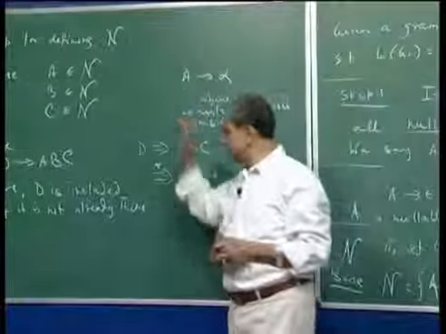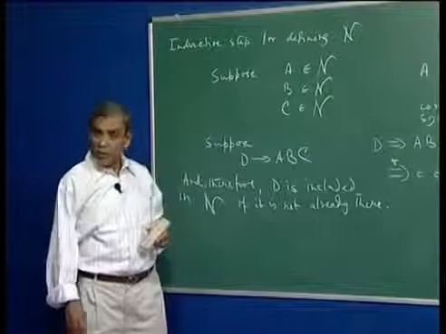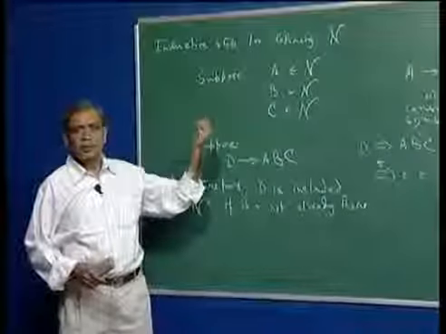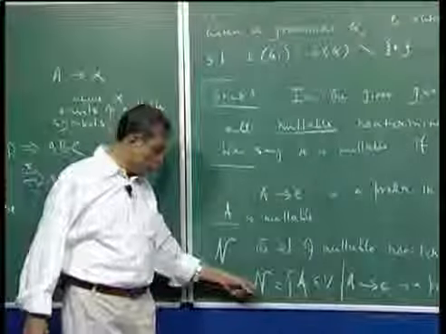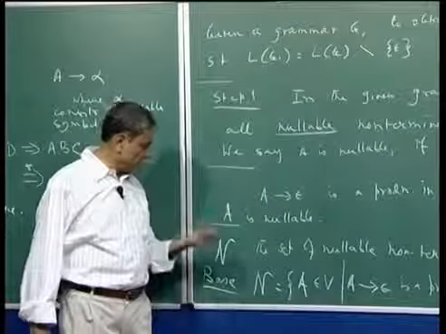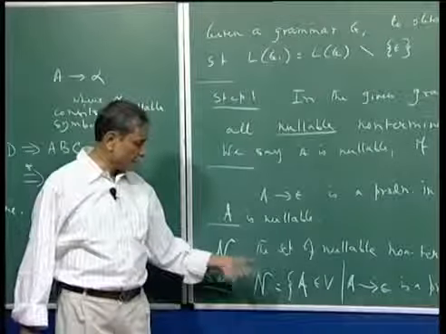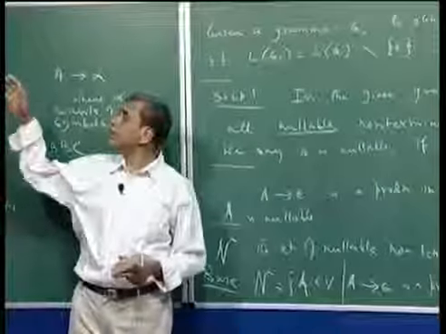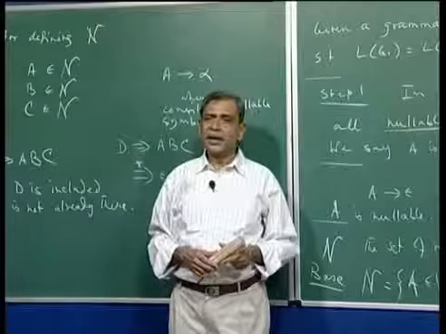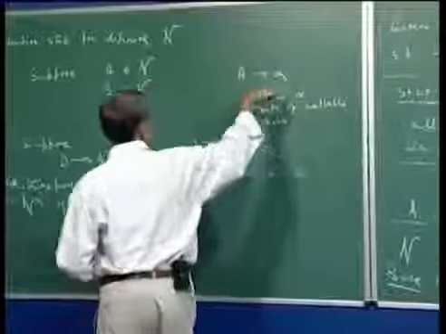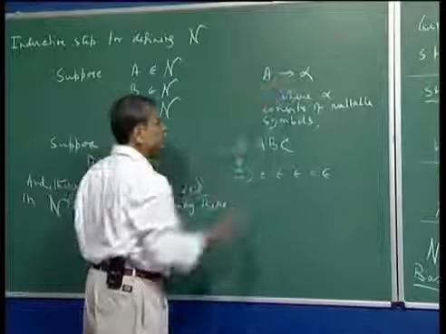Firstly, it is clear that no non-terminal which is not nullable can get into N, because any symbol which came into this set either was there in the base case, in which case clearly that symbol is nullable, or it came into the set N in one of those iterations, and then we found, in fact, a witness that A is nullable.